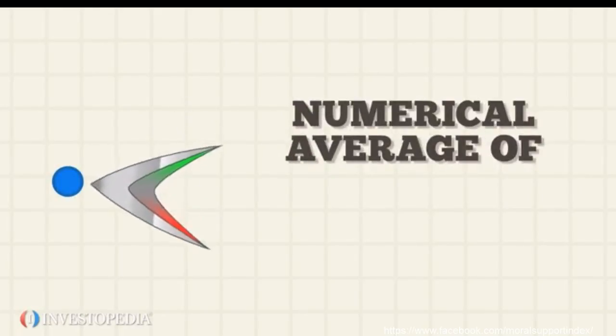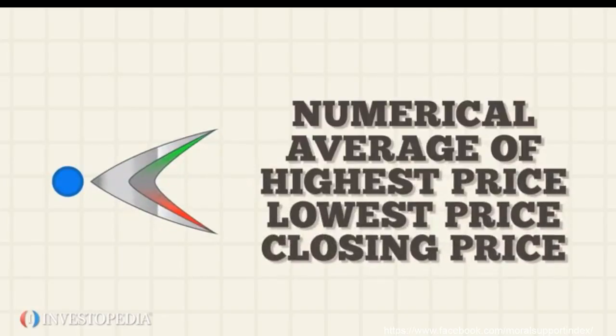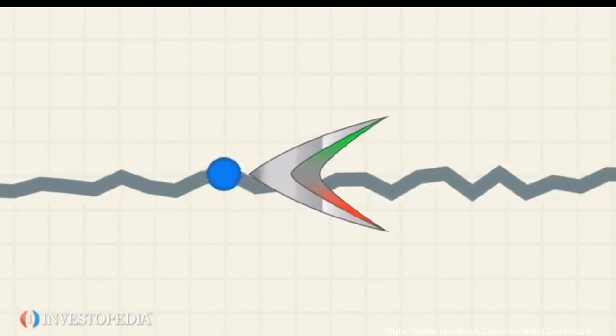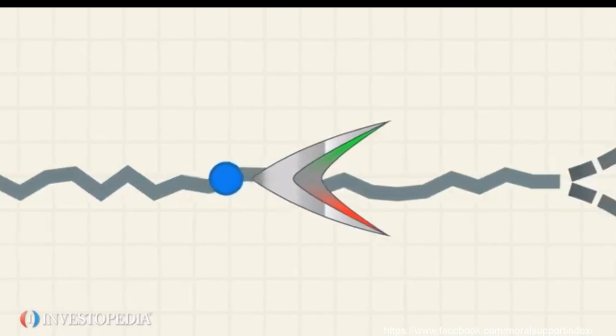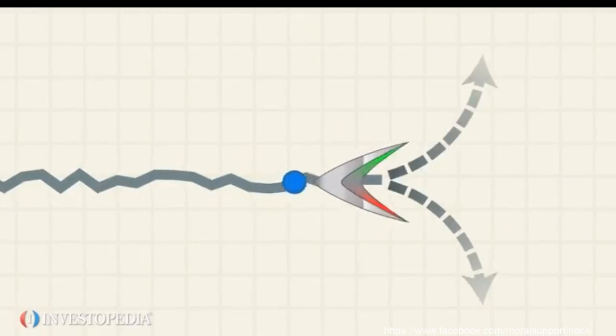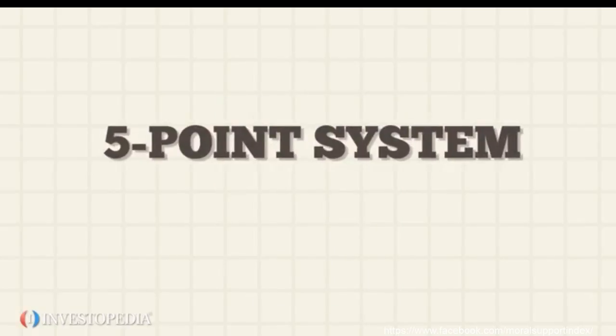A pivot point is a technical indicator that is derived by calculating the numerical average of a financial asset's high, low, and closing prices. A pivot point helps traders predict a security's short-term movement and is seen as a turning point that can signal a minor or major change in direction. The most common method for calculating a pivot point is the 5-point system.